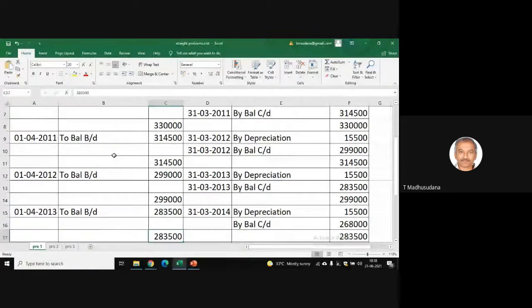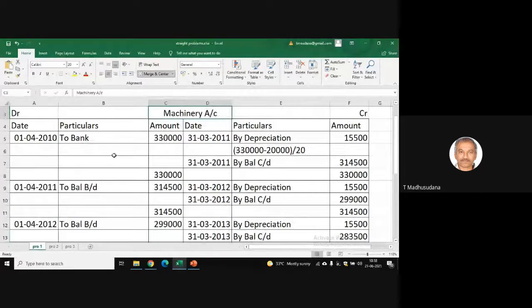It's easy. Suppose sometimes after 1 year another machine may be purchased by the company. In that case, that machine is to be entered again, and depreciation on that machine also has to be prepared from the date on which the new machine was purchased. So like this, that model problems also we will solve in the next class.